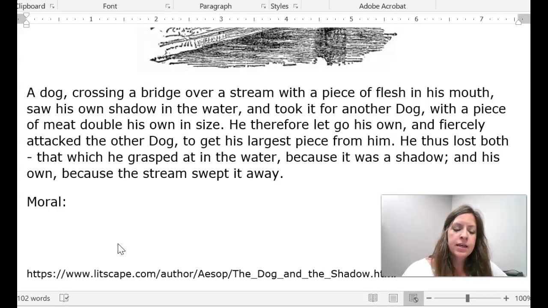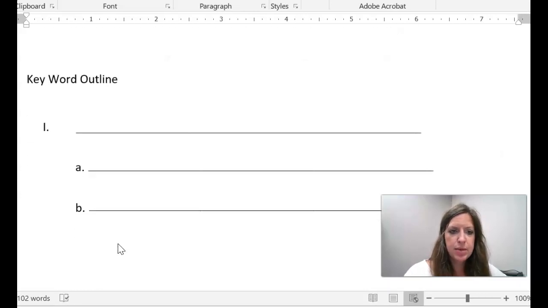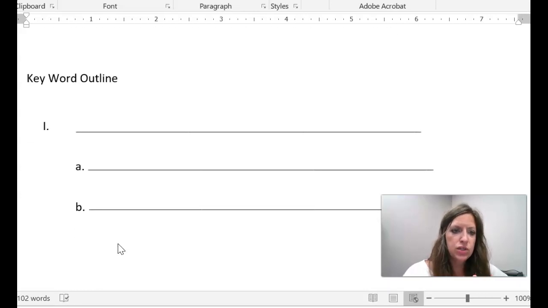Okay, so I'm going to teach you how to do a keyword outline. And I love keyword outlines because they're really flexible as a study tool and as a reading strategy. What we're going to do first, if you scroll down to the next page, is take each of the sentences and write 3 key words for each sentence.